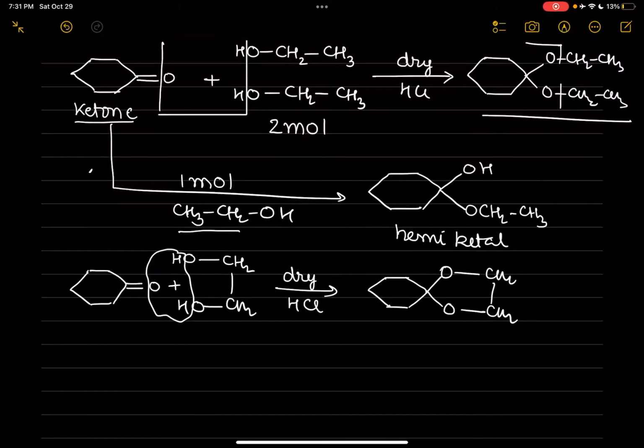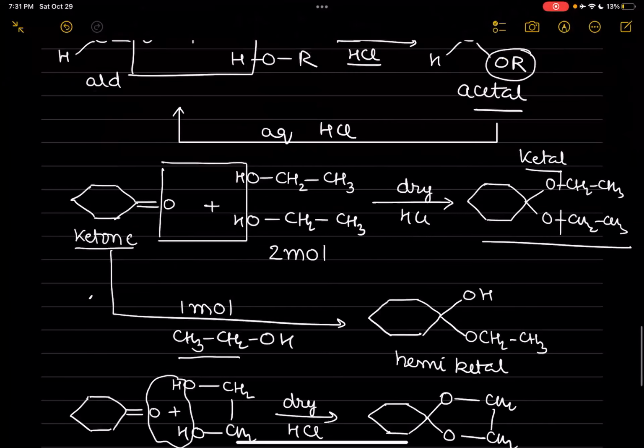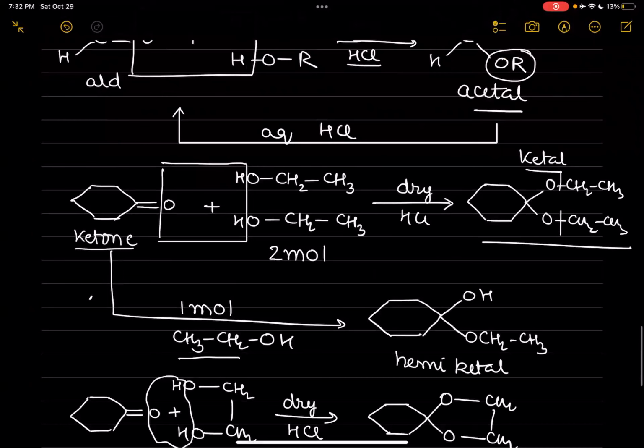So in the above case, 3 molecules were combining together, right? And so there was more entropy drop happening.